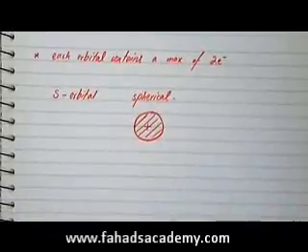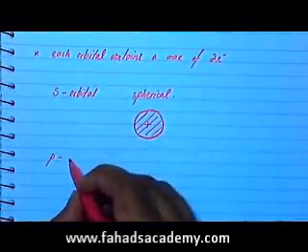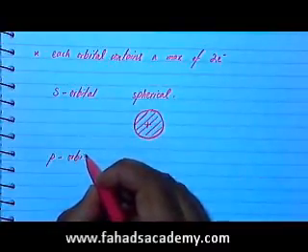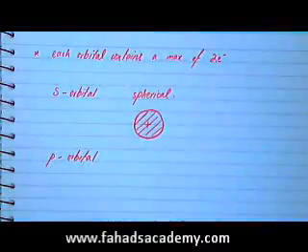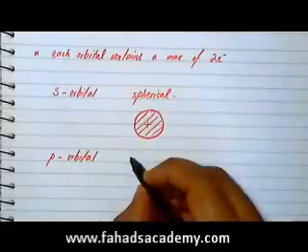Similarly, let's move on to the other orbital, which is the p orbital. Now the shape of a p orbital is dumbbell shaped.